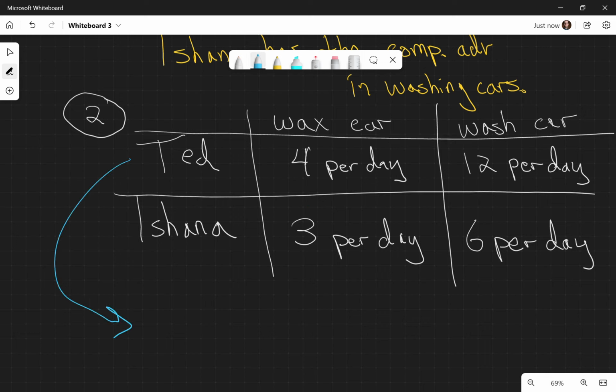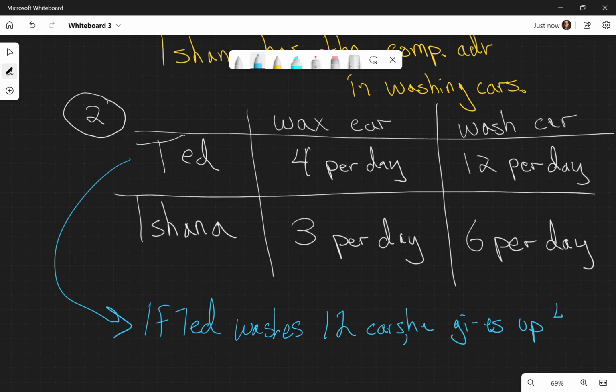So if Ted washes 12 cars, he gives up 4 waxes.